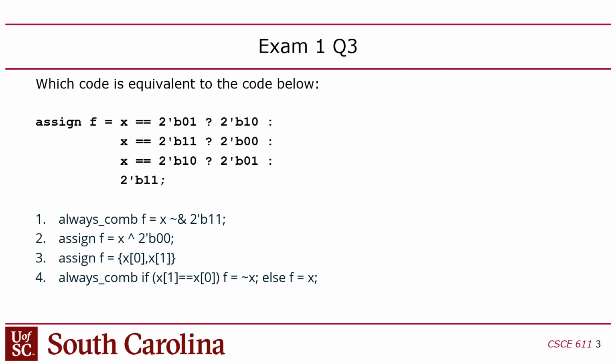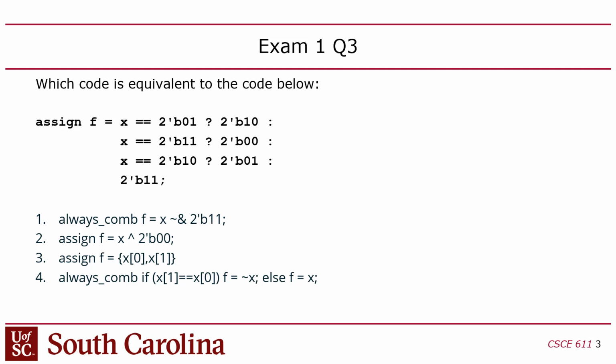If X is 1, 0, it's outputting 0, 1. And then the else case would be if X is 0, 0, in which case it outputs 1, 1. So it looks like it's just complementing X, right? Make sense, right?